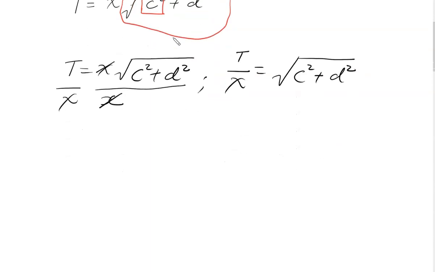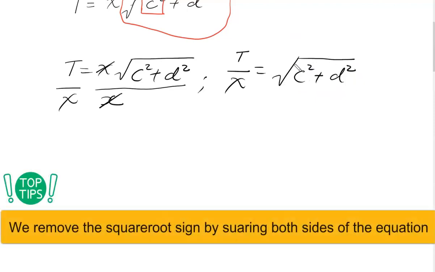So far so good. Now we have a square root sign at the right hand side of the equation, and to remove the square root sign so that we can access C, we will need to square both sides of the equation.